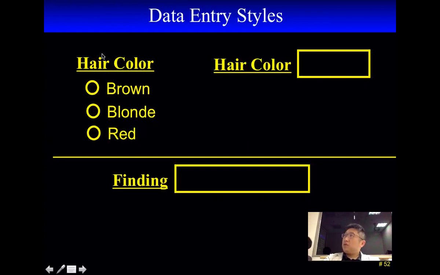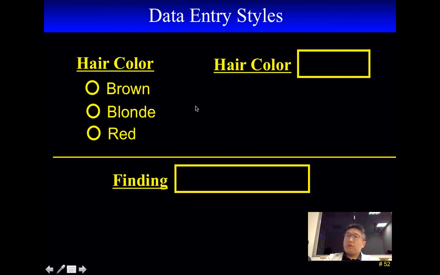Then this one is very clear. When you pick the hair color, if you pick brown, then you will know it's brown. And for the hair color here, you just put a text box, then you require the data inputter to put in their observation.